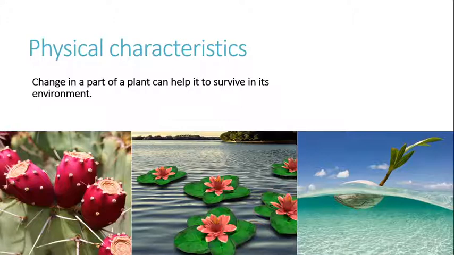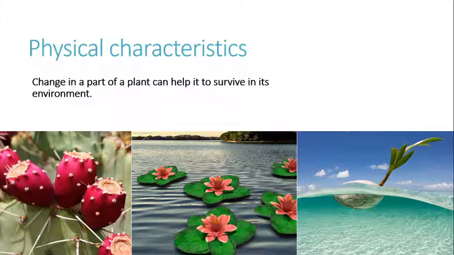Another thing is the physical characteristics of the plant. So we're going to talk about some physical characteristics of these plants. The physical characteristics help the specific plant to survive in its environment or habitat.